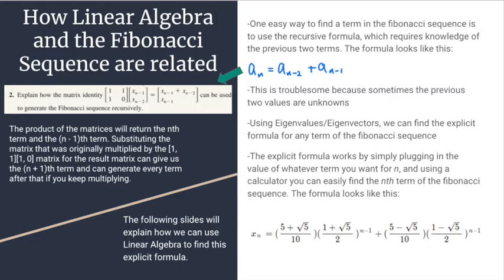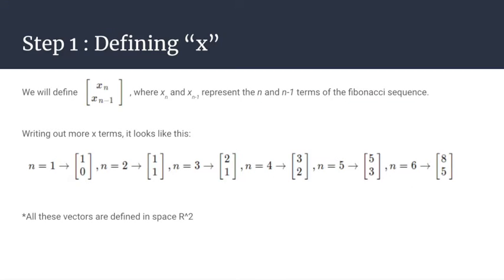The formula looks like the following on the bottom right corner of slide 3. This whole project will show how we can use linear algebra to find this explicit formula. So going on to the next slide, we will start with step 1, which is defining x.